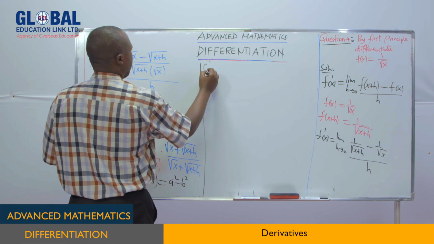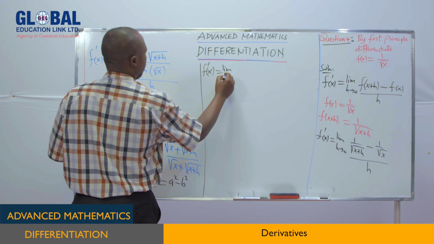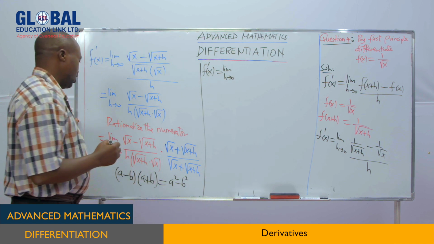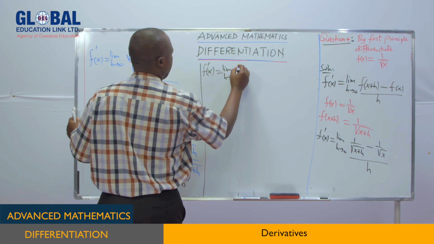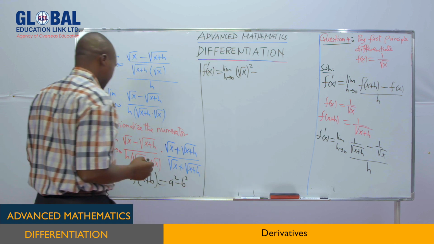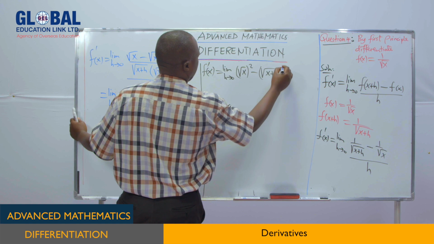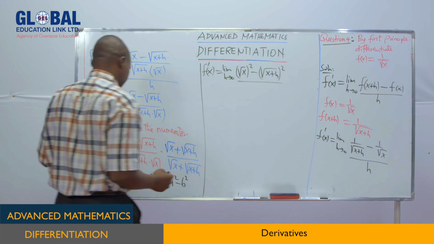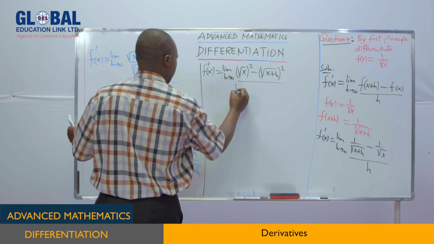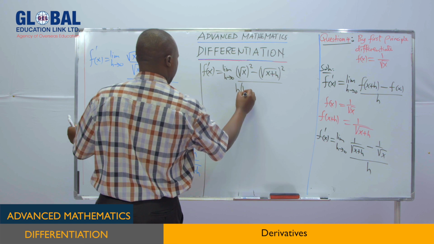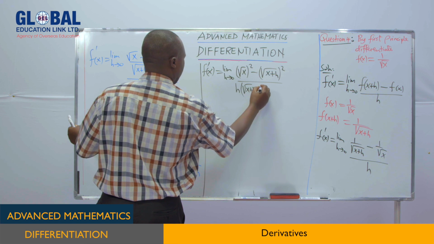That is, f of x dash is equal to the limit of, as h approaches to 0, the square root of x squared minus the square root of x plus h squared over h times the square root of x plus h times the square root of x.